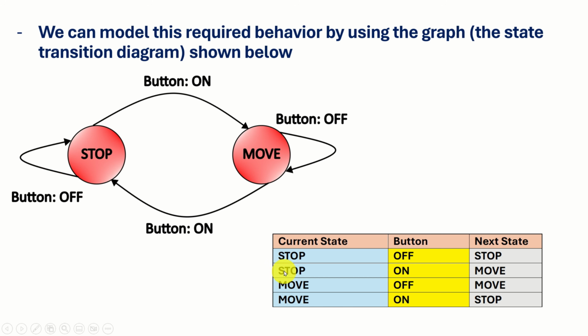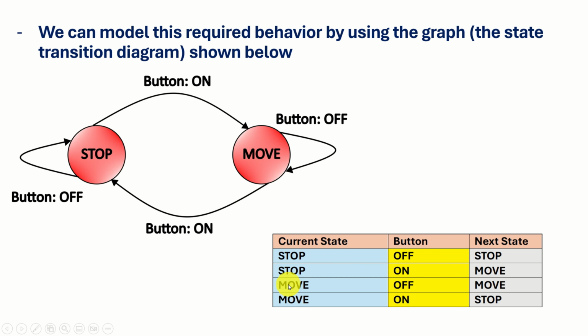Next, let's analyze this row. If the current state is stop and the button is on, then the next state should be move. That is, we should go over here. So let's look again. We are currently in stop, the input is on, and the next state should be the move state.